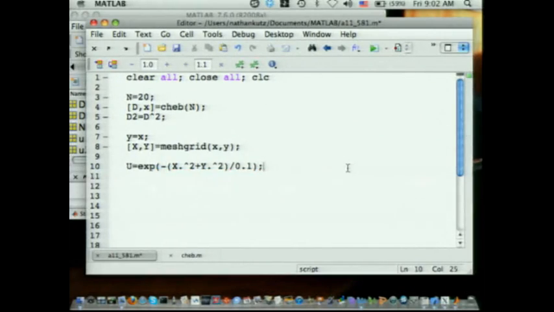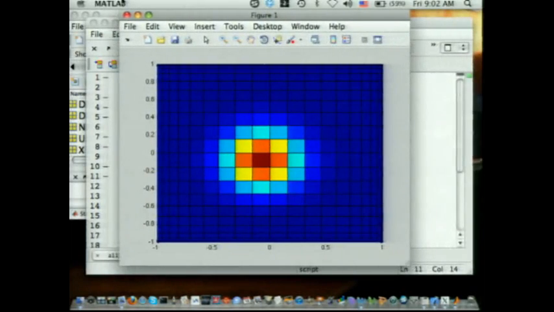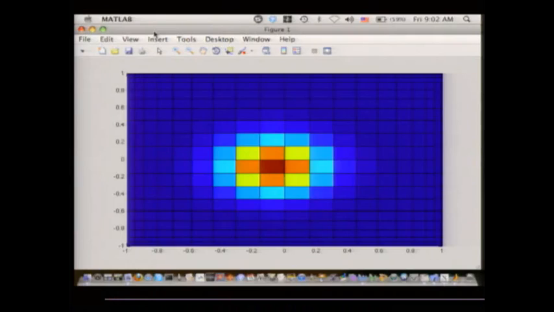I haven't rescaled anything. I'm just going to assume I'm going to work on a domain -1 to 1. And I'm going to say pcolor(x, y, u). So I want you to just see this in 2D. Okay, there. This is what we want to look at. So this is obviously not very well resolved, right? It only took 20 points.